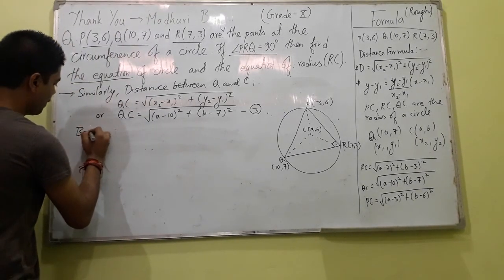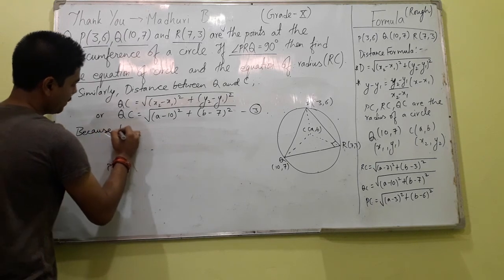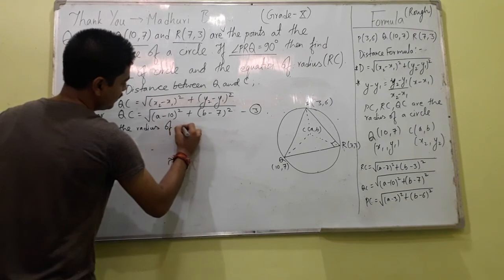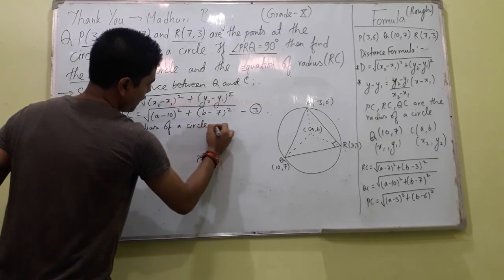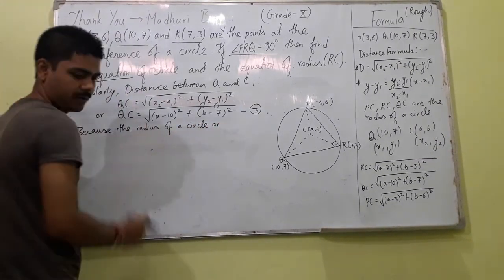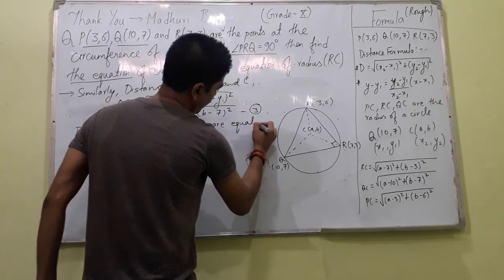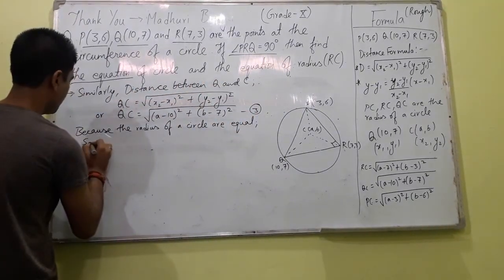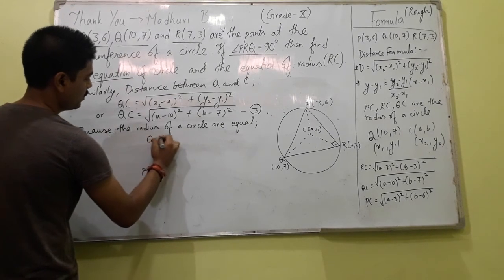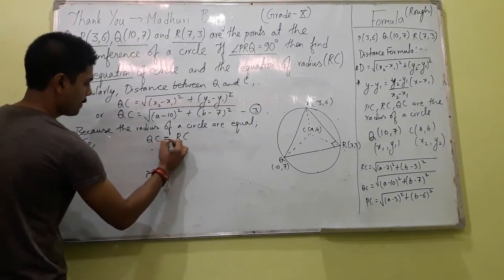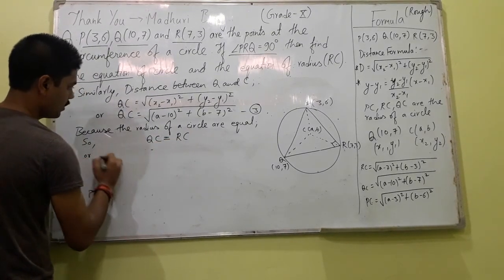Because the radii of a circle are equal, you can put QC equals RC.